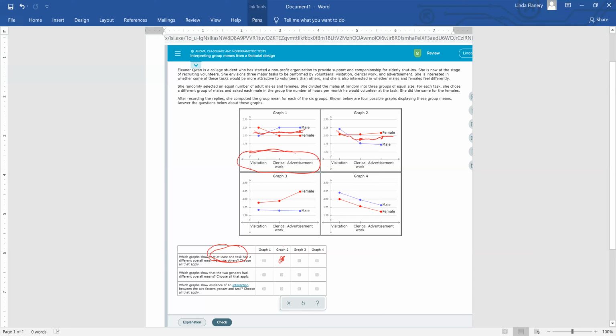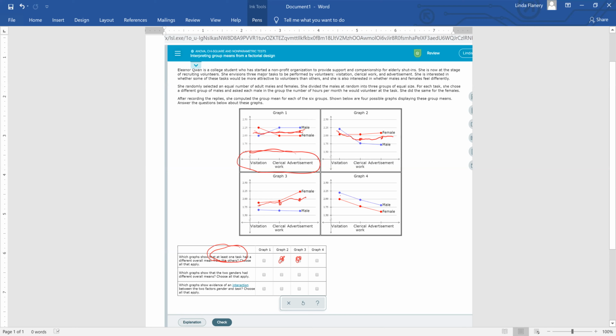On my next one, graph 3, halfway between these 2 endpoints would be right there. Halfway between those 2 endpoints would be right there. Halfway between those 2 endpoints would be about right there. And again, when I connect those dots, it's not going to be a perfect straight horizontal line. So I'm going to mark that one. Same thing here.